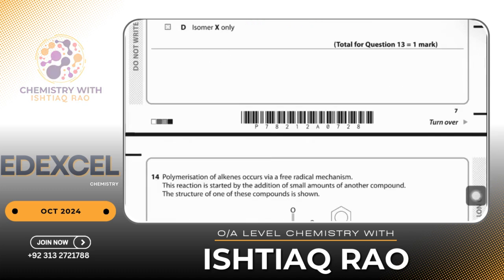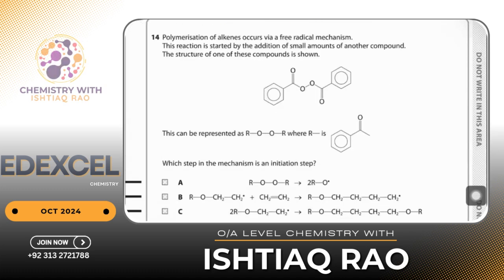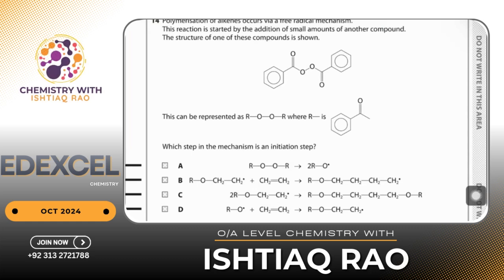Okay. Now see question number 14. Just read this and then I'm going to tell you. Polymerization of alkenes occurs via free radical mechanism.